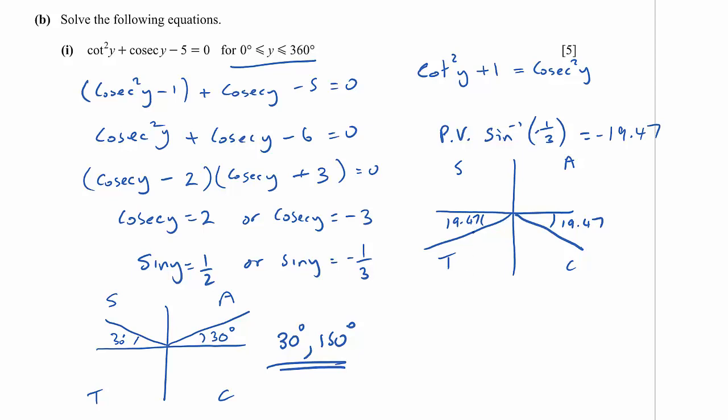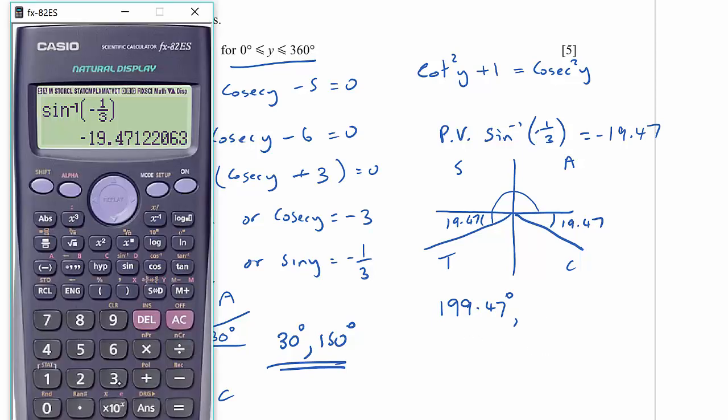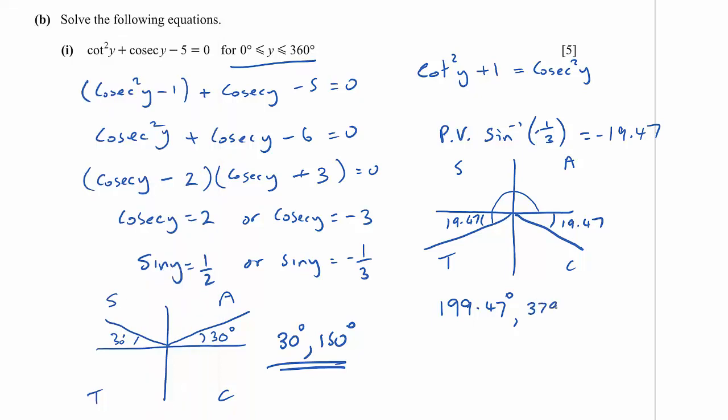So this one's going to give me 199.47 degrees because it's 180 plus that. And then the other one is going to be 360 take away the 19.47, so 379.47.